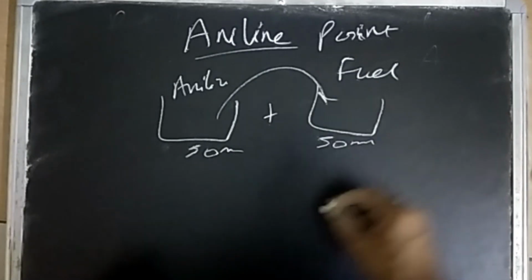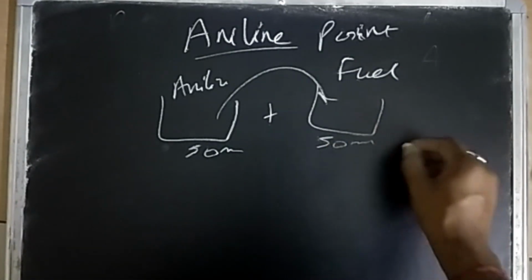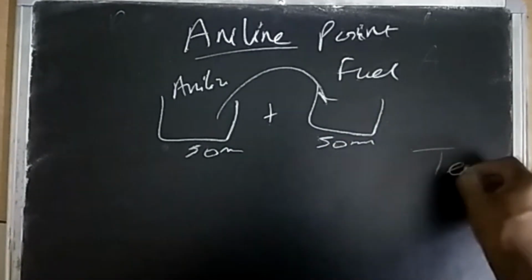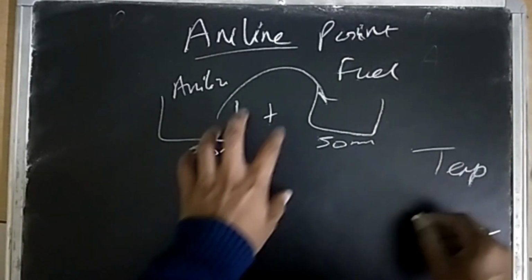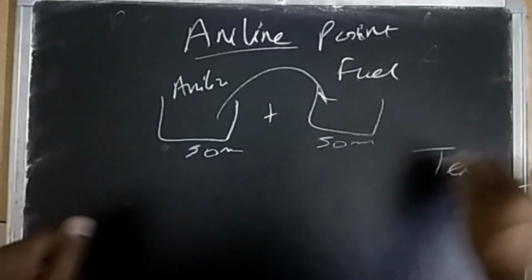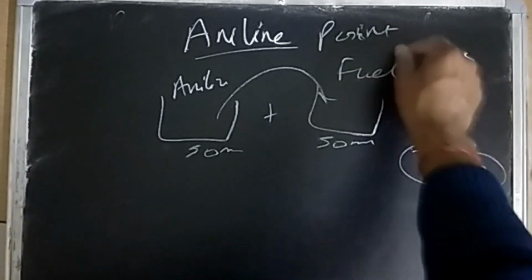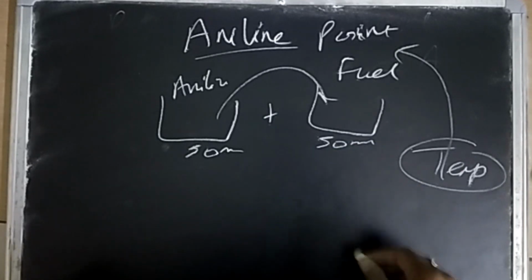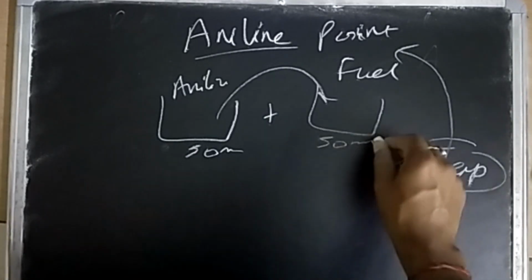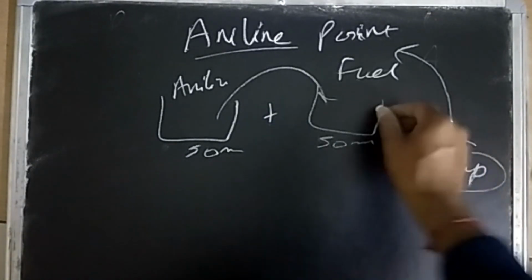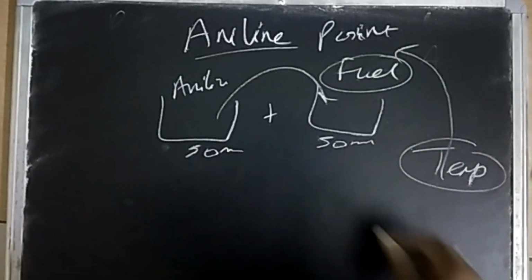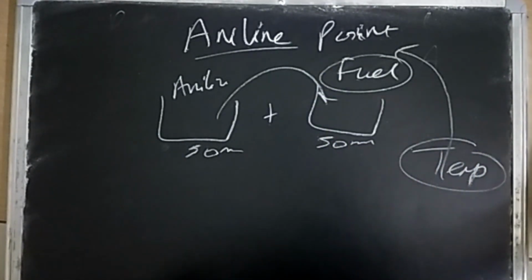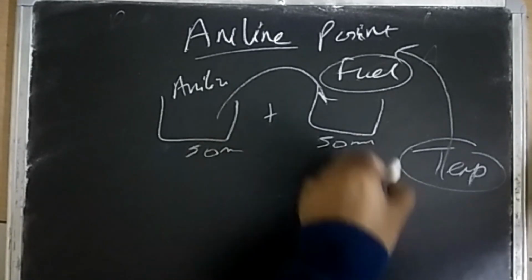We increase the temperature to mix them well, and the temperature at which they mix well is the aniline point. If there is less aromatic, it will mix well only at a very high temperature. If the fuel has more aromatics, it will have a low aniline point. Less aromatic also means it is more paraffinic. That is how we find out how much aromatics is there.